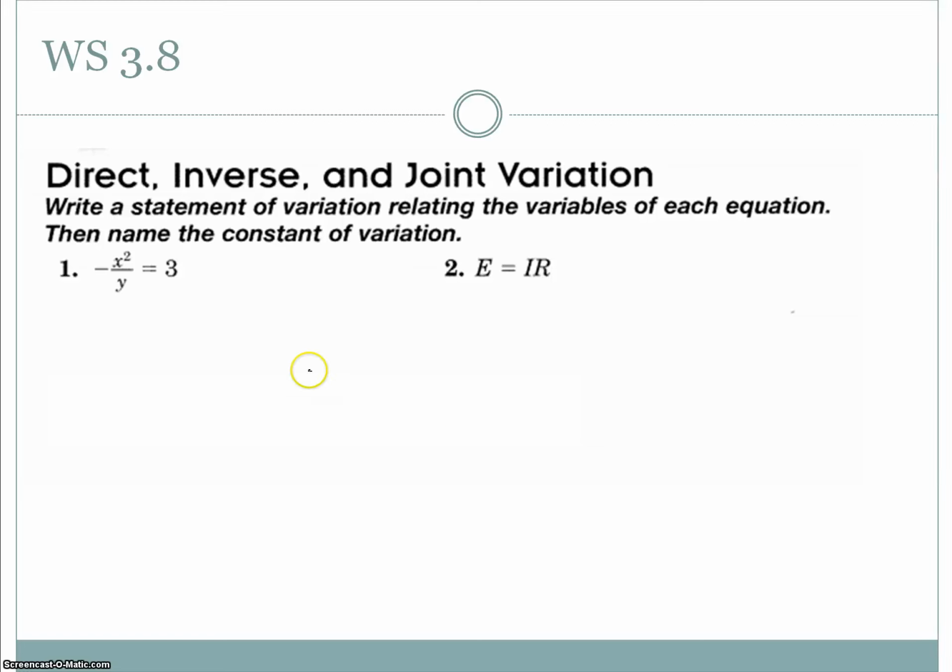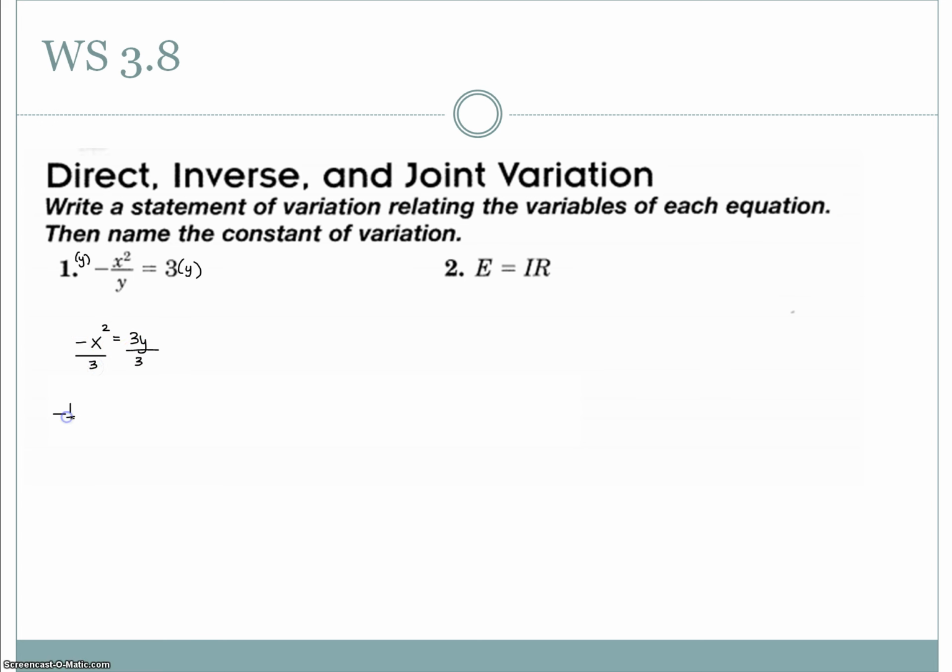So for number 1, this really doesn't look much like anything of what we've worked with. So one thing that can be helpful for this problem is to just move some of the variables around until it does look more familiar to you. In this case, I'm going to go ahead and multiply both sides by y. When I do that, I get minus x squared equals 3y. And now I'm going to divide both sides by 3.